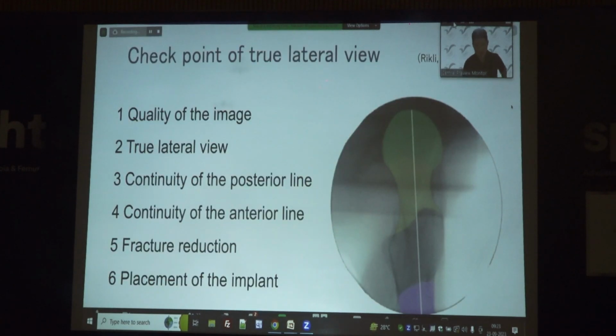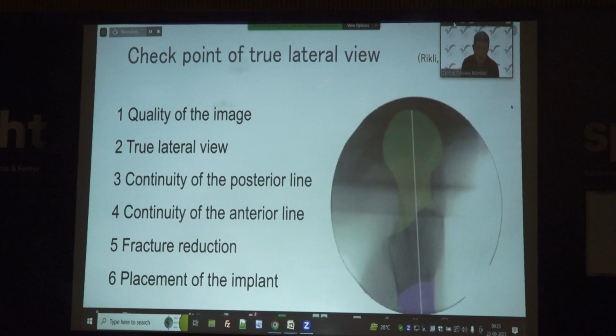And the true lateral view is very crucial, and you can go back to the literature that was published in 2018 by Rickley from Switzerland. He's an AO surgeon also, and he pointed out the 6 points of the true lateral view.